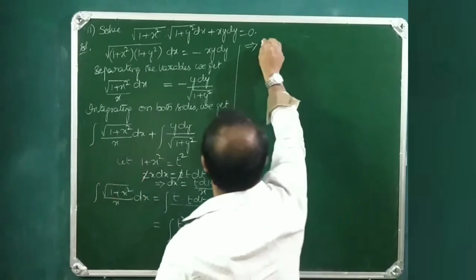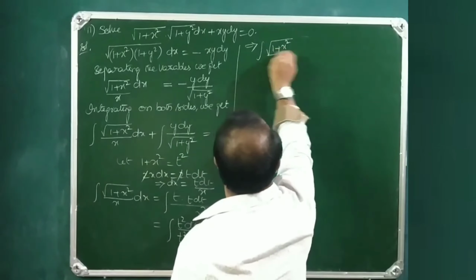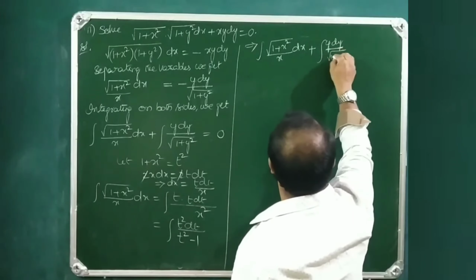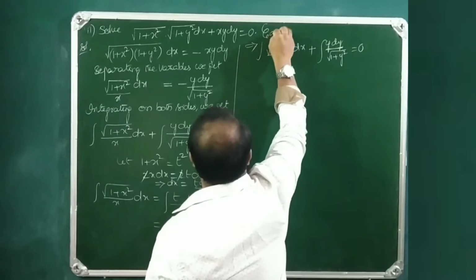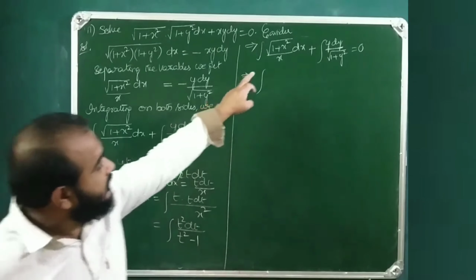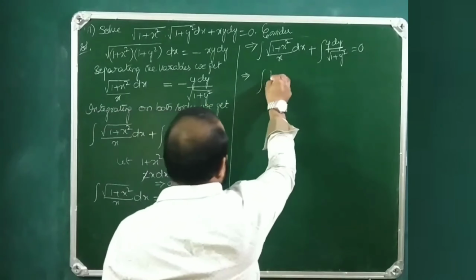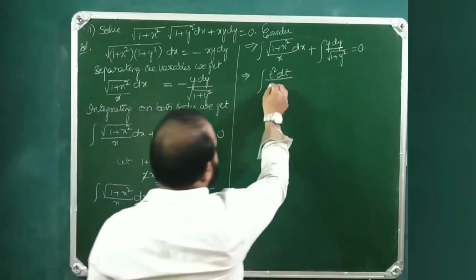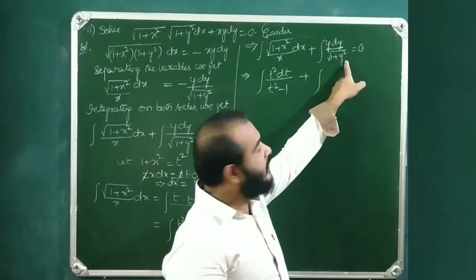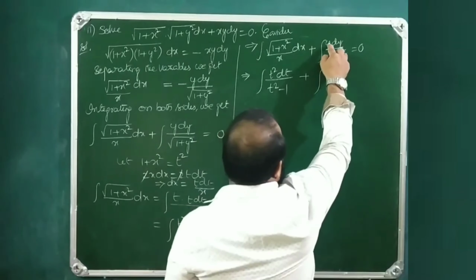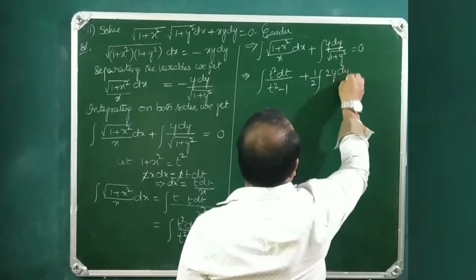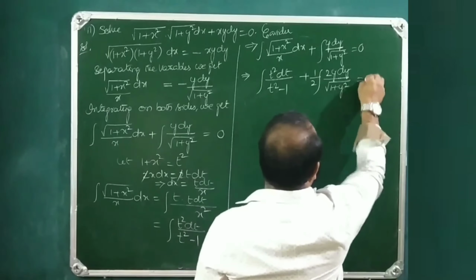Now consider this integral of √(1+x²) by x dx plus y dy by √(1+y²) equals 0. The x part, we got this: t² dt by t²-1, plus, as we discussed before, the derivative of 1+y² is 2y, so I'll multiply this y with 2 and divide with 2 also: 2y dy by √(1+y²) equals 0.